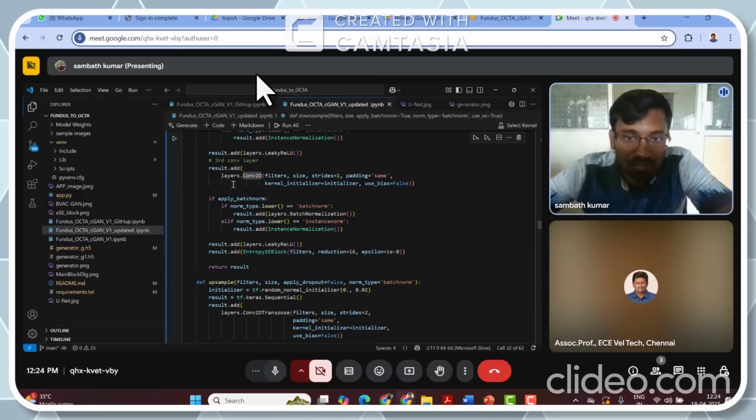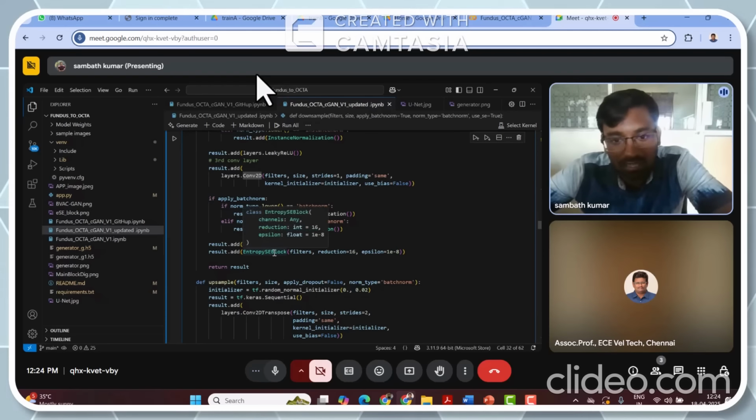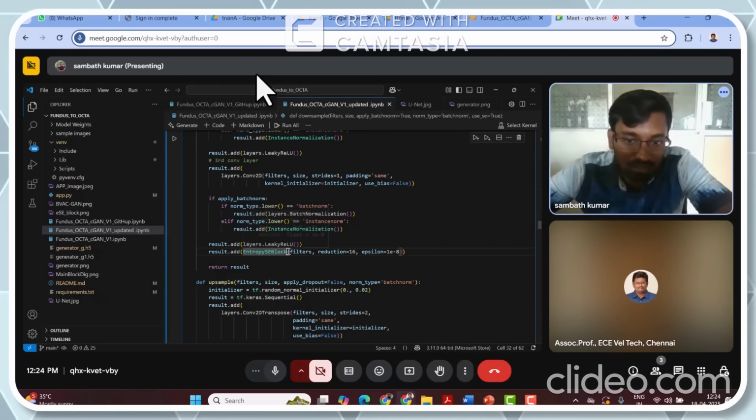Then this is the third convolution layer in the encoder stage. Here also we have filters, size, and strides. At the end of this third layer, we call the entropy SE block. This is our novel block.